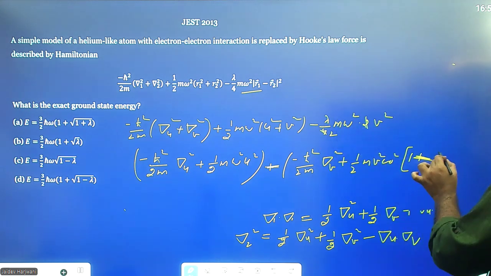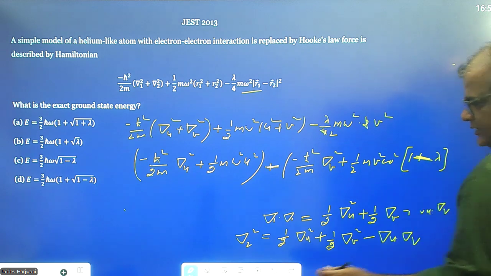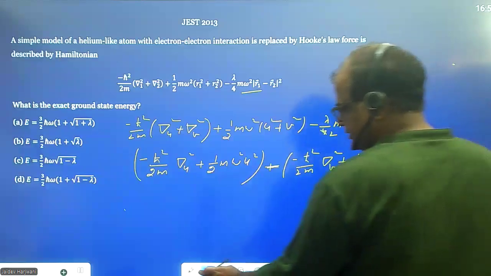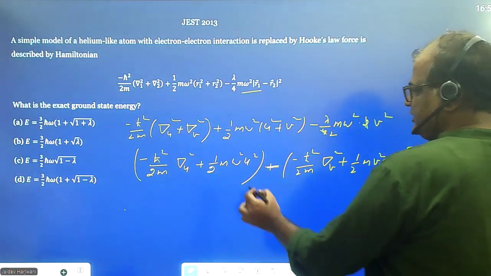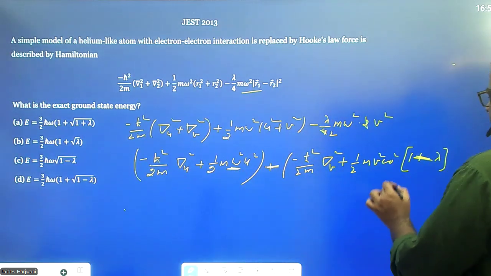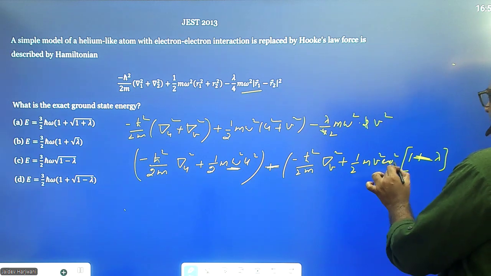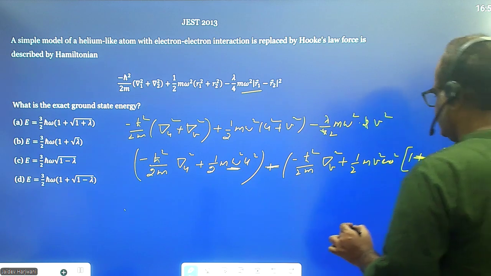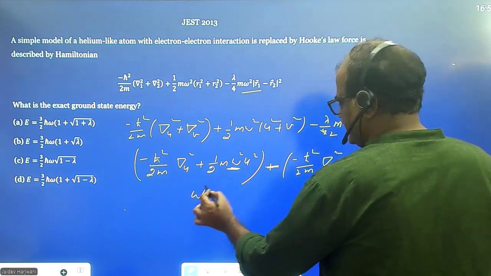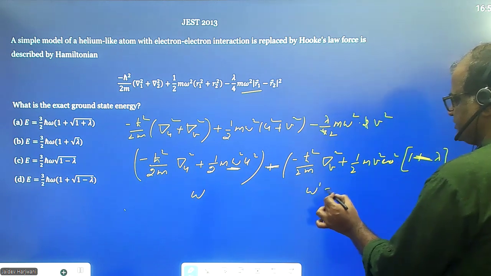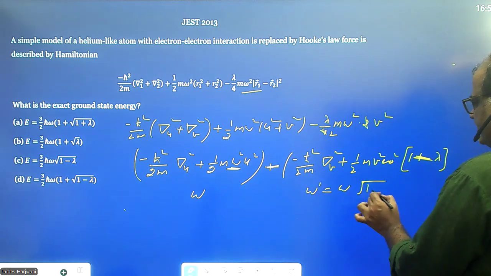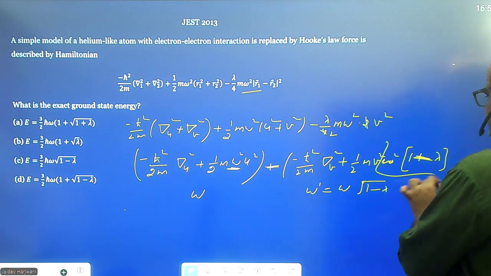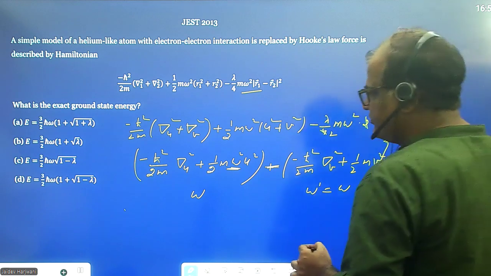So here the frequency is omega, and here the frequency is omega dash, which is equal to omega root 1 minus lambda. I am considering this inside the angular frequency.